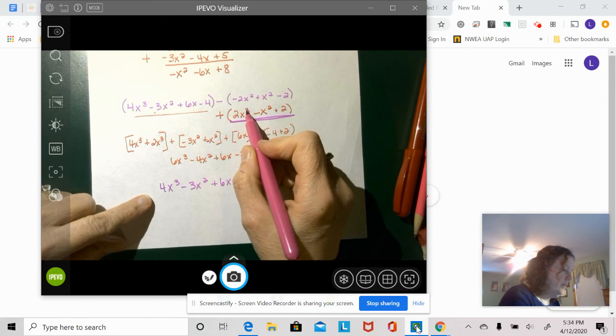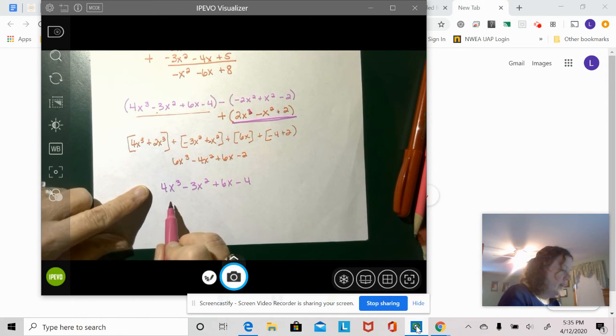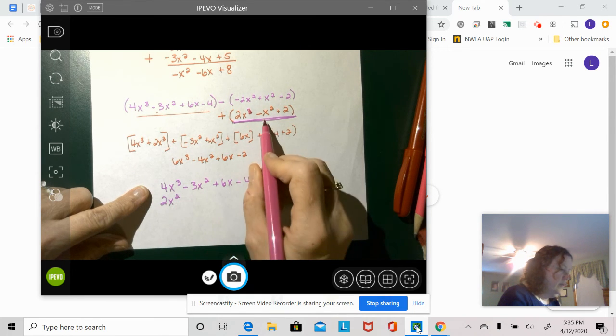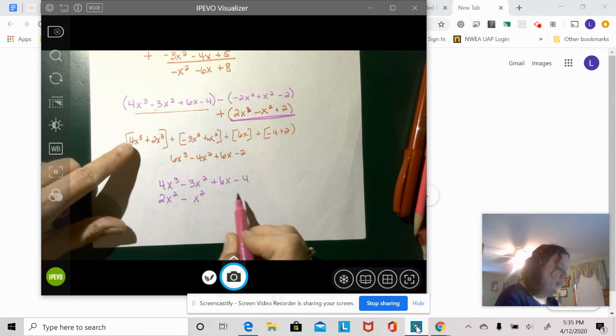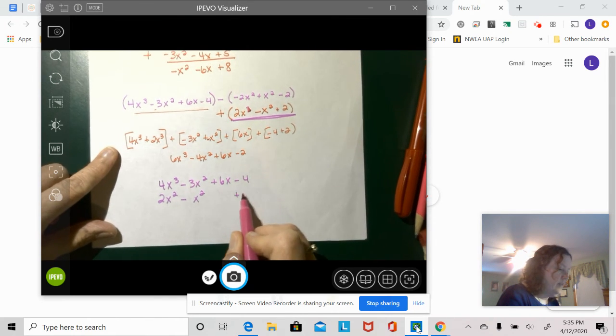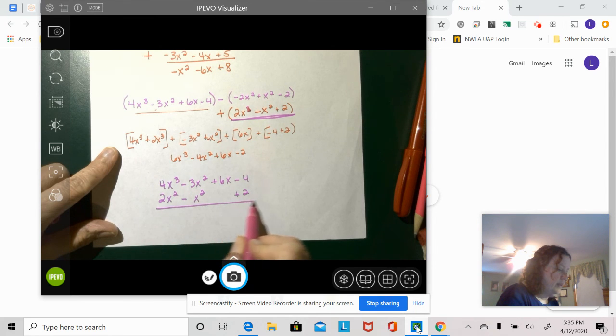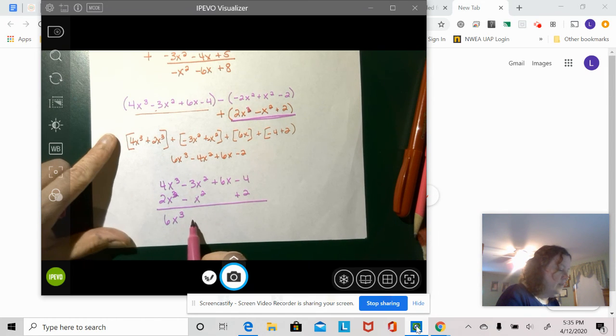This is a cubed, isn't it? So we had 2x cubed. We had negative x squared. We don't have anything with an x, and we have a plus 2. So we have a gap in there, right? We have 6x cubed. I'm determined to make that squared. Minus 4x squared plus 6x minus 2.